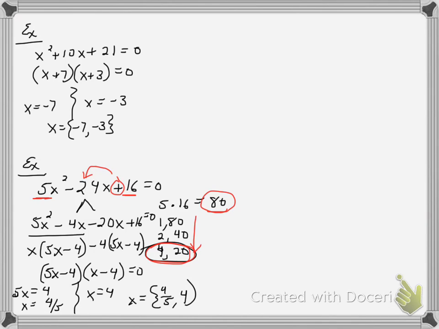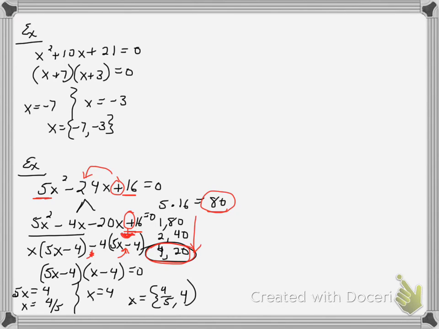Now, this might be the one thing that seems odd to you, probably this sign. If I am taking out a negative 4, then my first term will end up, if I multiply back, to be negative 20x, but I might be inclined to just pick up this positive. But recall, if I put a positive 4 here and I multiplied through, I'd get a negative 16. So be very careful with your sign when you're going from there to there.